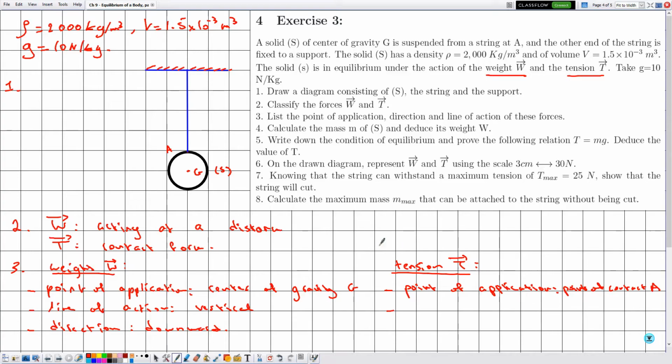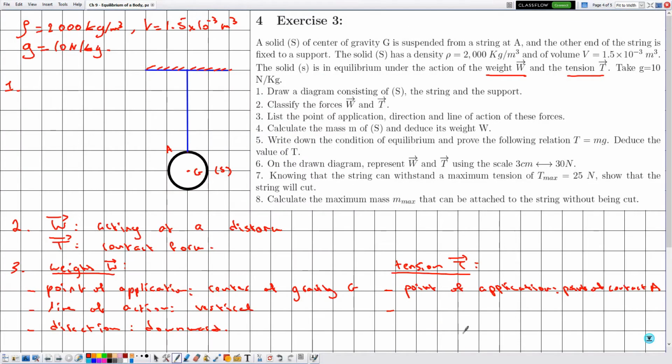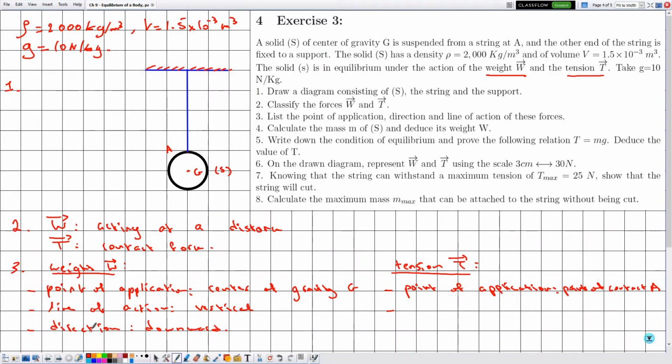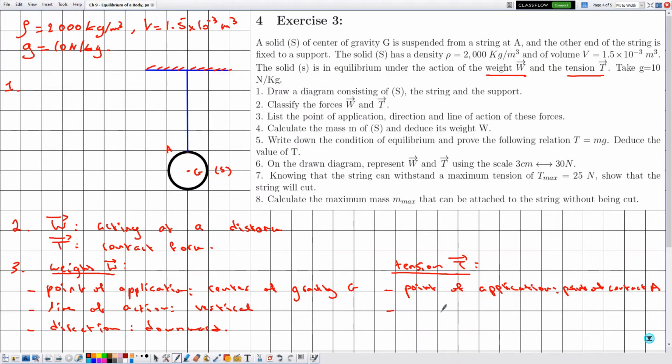We know that the line of action is along the string, but now because we know that the solid S is in equilibrium, the line of action and the direction of the tension will have the same line of action, which is the vertical. As for the direction, it will be opposite. So if this is downward, then the direction here will be upward. So here we can see that the equilibrium condition is very effective in determining the properties of the other force.